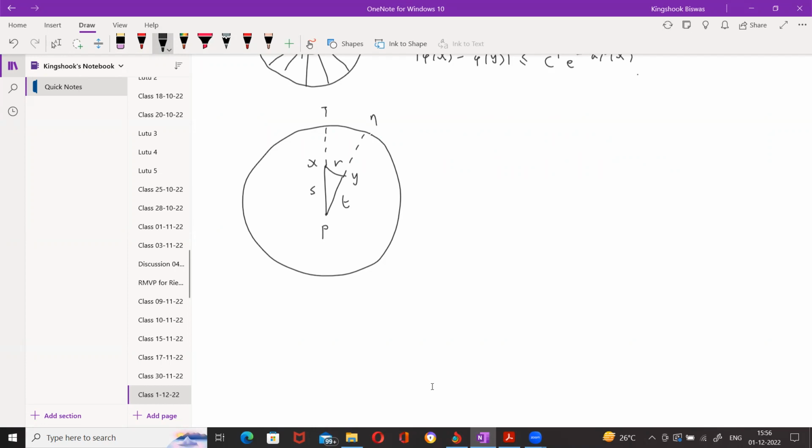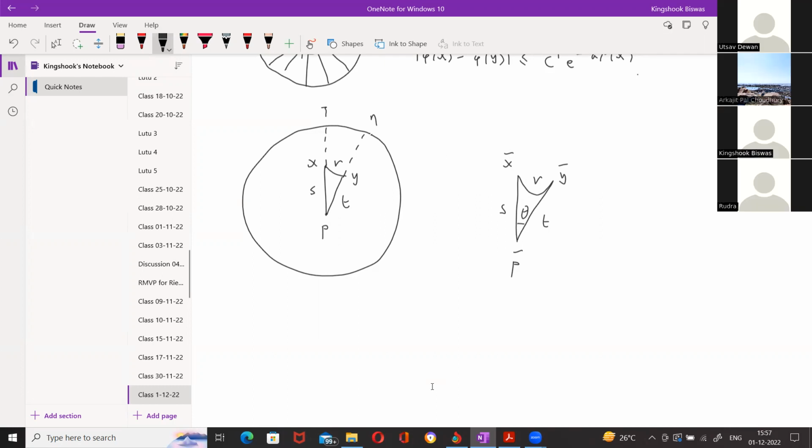And now I'm looking at a comparison triangle in the model space, P bar, X bar, Y bar. So these distances are also s, t, and r. So this angle here, theta, is the comparison angle. And we have this hyperbolic law of cosines.